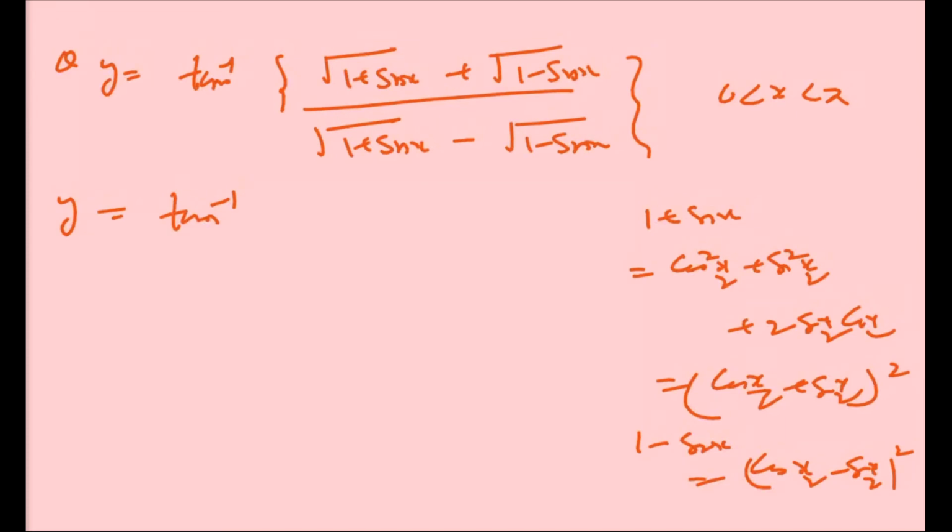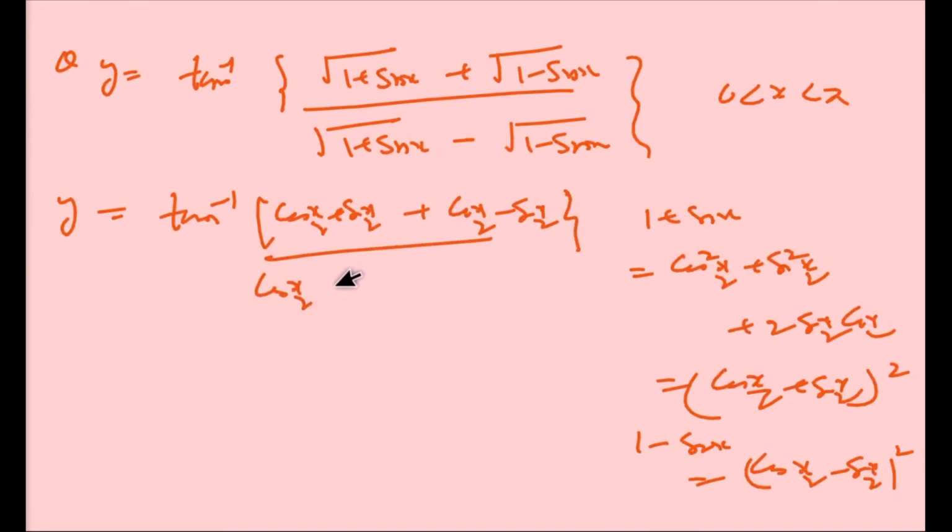Okay, so here is a square, so what about the under root? We can write this directly. So this one can be written as cos x by 2 plus sin x by 2, and this one as cos x by 2 minus sin x by 2. Below is the same, cos x by 2 plus sin x by 2, and here is minus, so cos x by 2 minus sin x by 2.